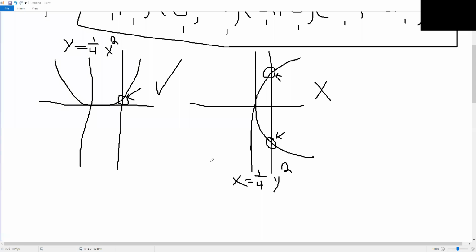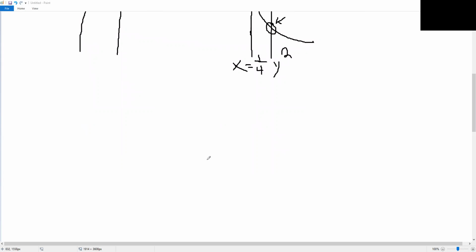The last way a function can be represented is algebraically. And that's what we're going to be working on mostly.